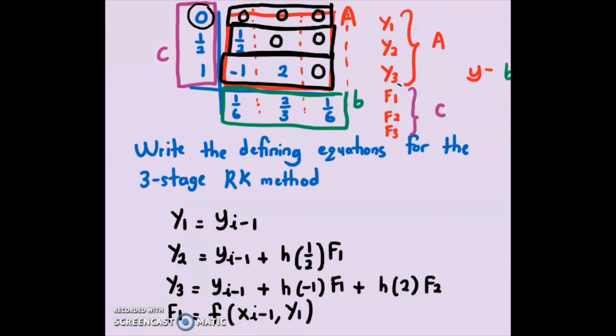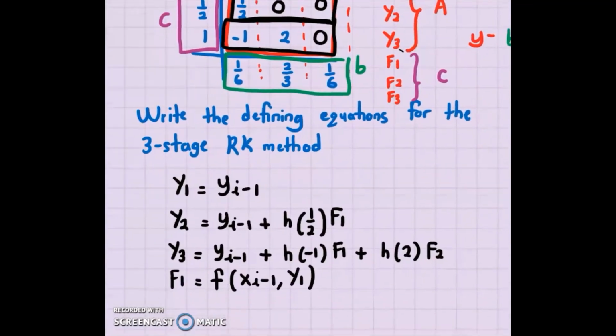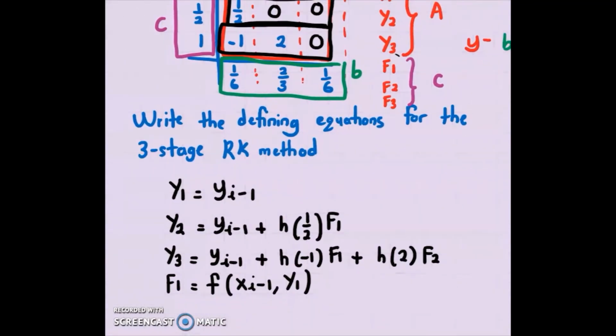y1. Okay, stage derivative for y1. Now f2, you have f of xi minus 1 plus I have half h for y2.